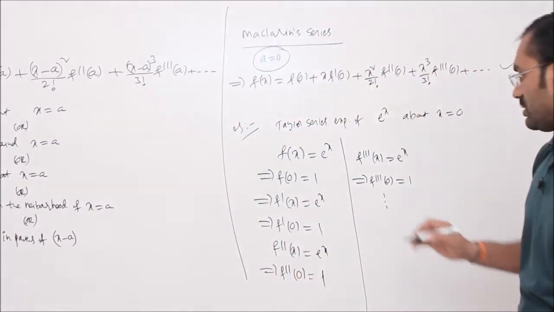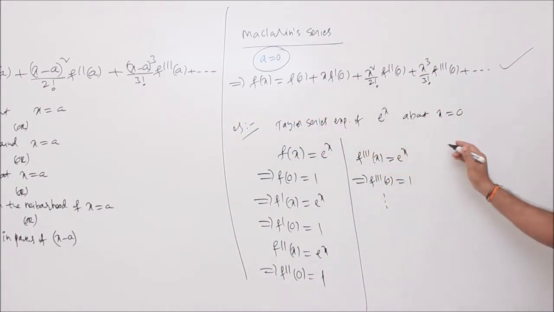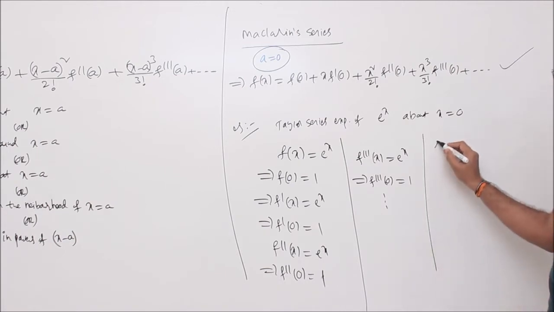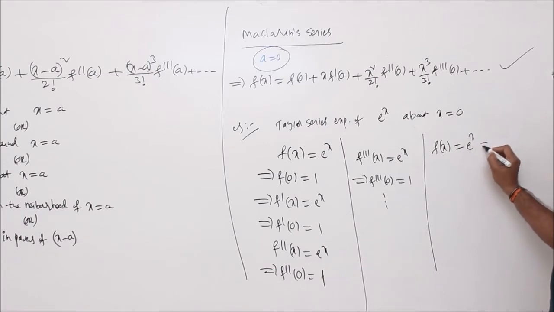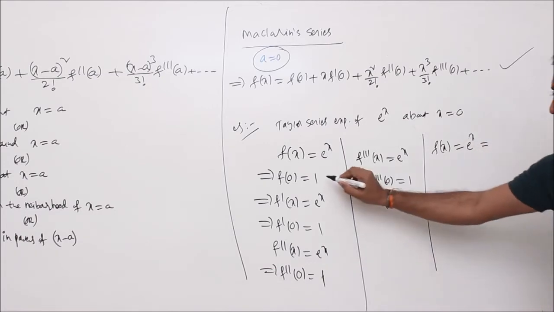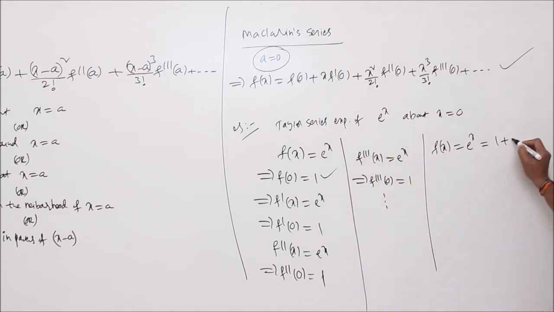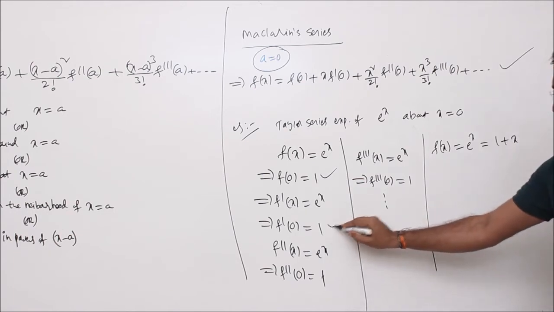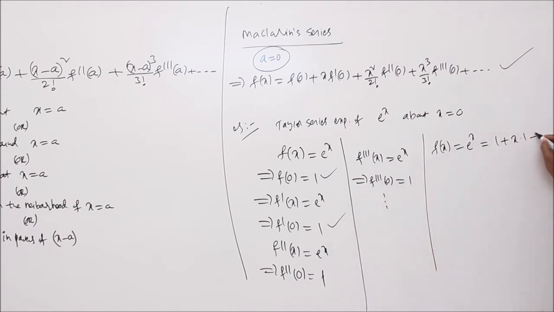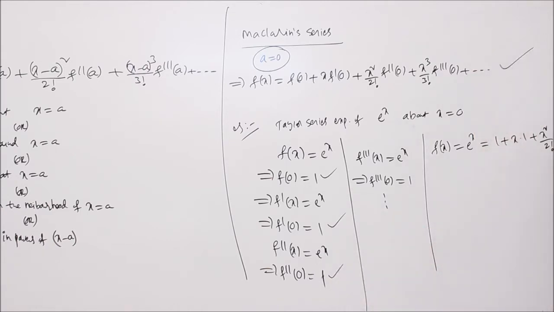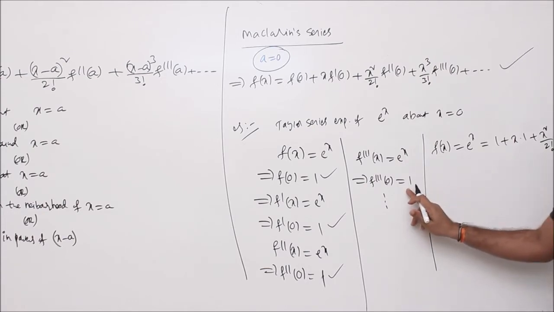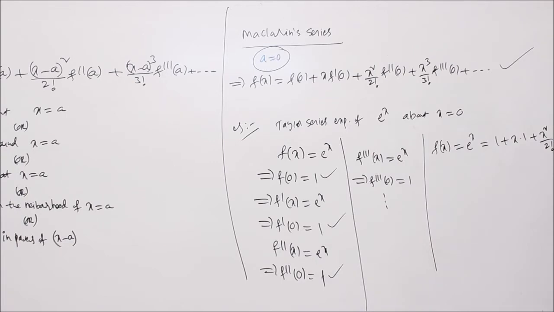So now substituting all these values in the series, we get f(x). Here our f(x) is e power x, that is equal to f(0) value 1, plus x into f dash of 0 which is again 1, plus x square by 2 factorial f double dash of 0 which is 1, plus x cube by 3 factorial f triple dash of 0 which is also 1, and so on.